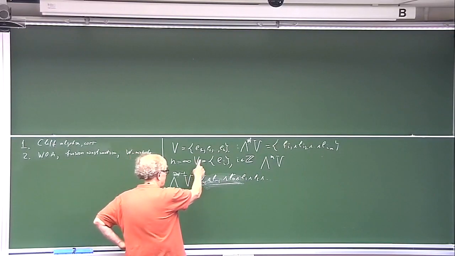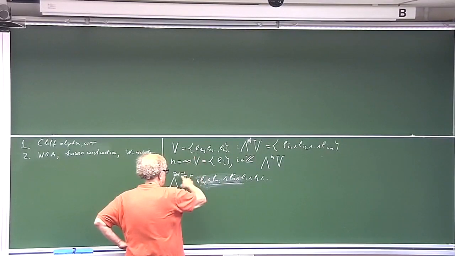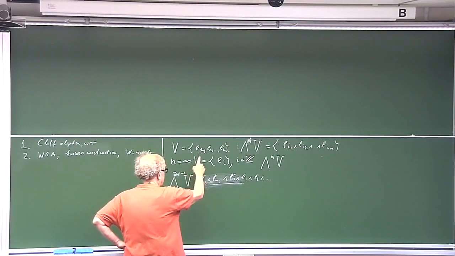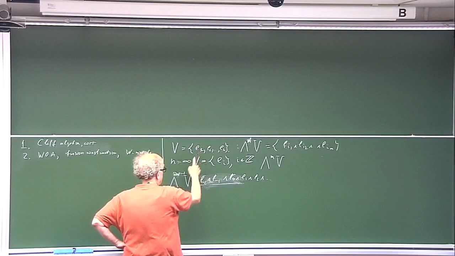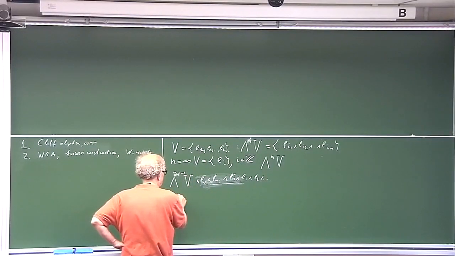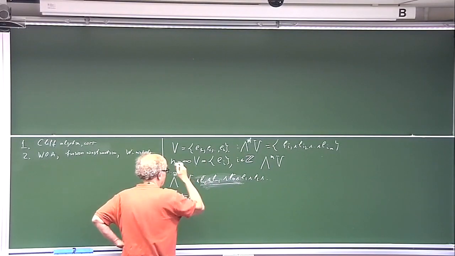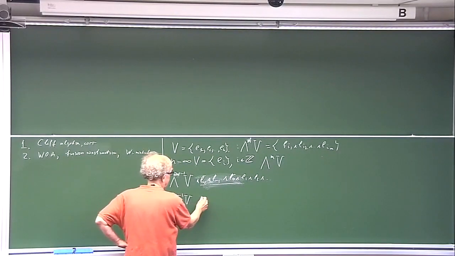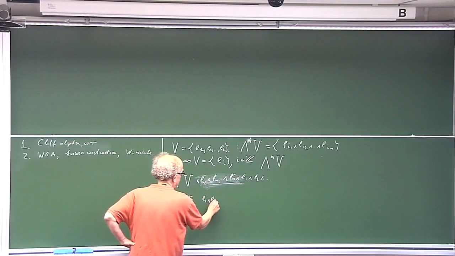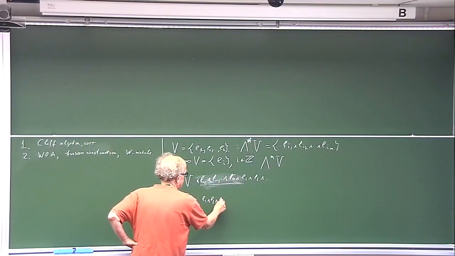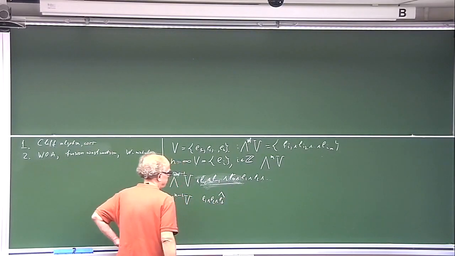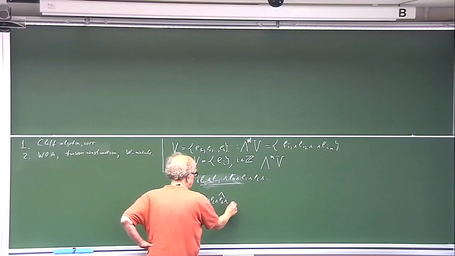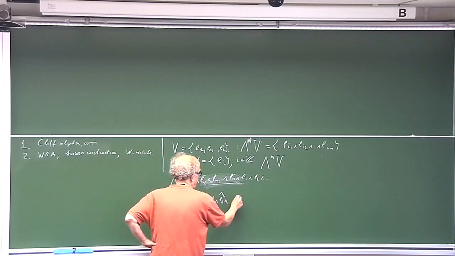In this case, I'm talking about Lambda^{n-1} V, and in this case, the basis here is, say, e1, e2, but some e3 is missing here, and then en, and such.